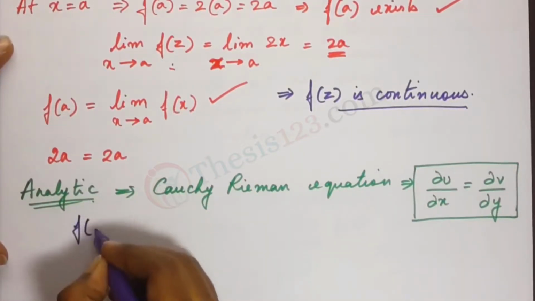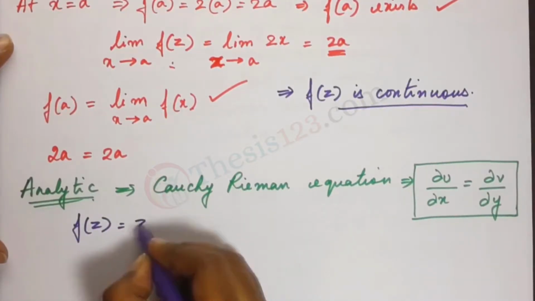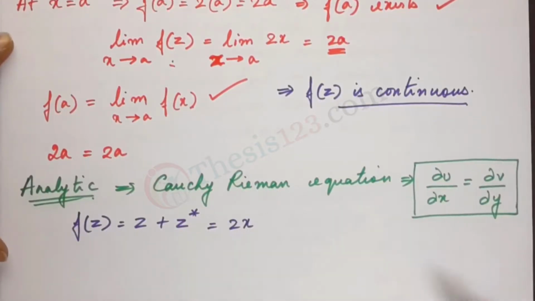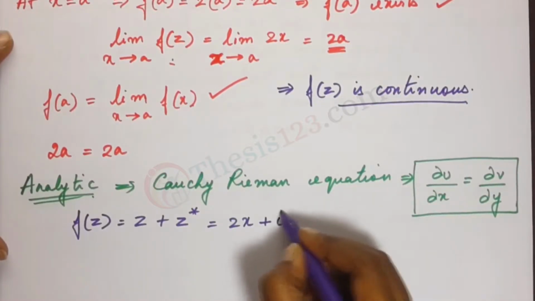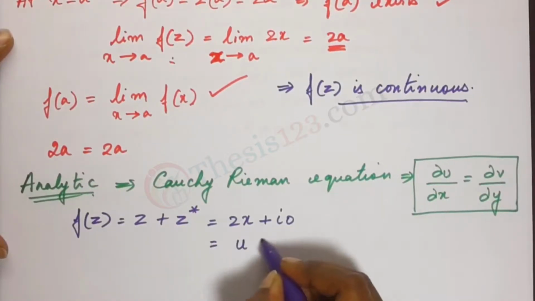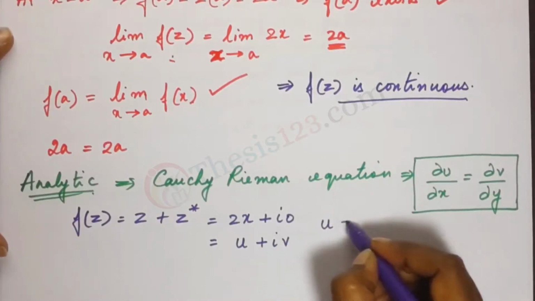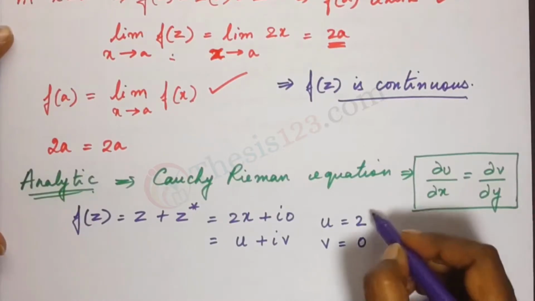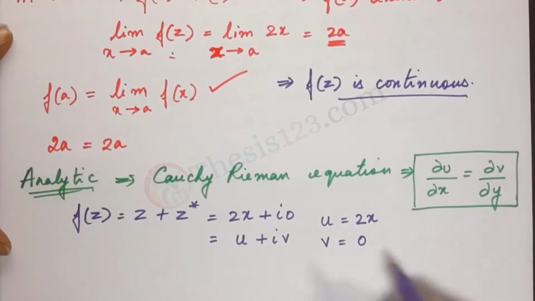We have f(z) equal to z plus z conjugate, and we found that to be 2x. If we write it as a complex term, let's write this as 2x plus i0, and let's assume that this is u plus iv. Comparing these two, we see that u is equal to 2x, v is equal to 0.